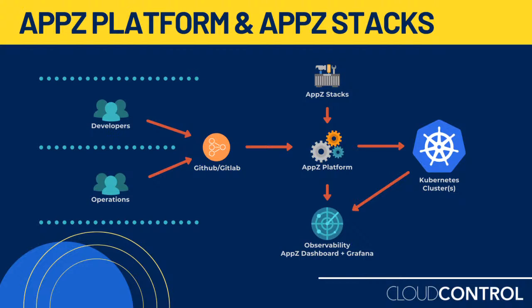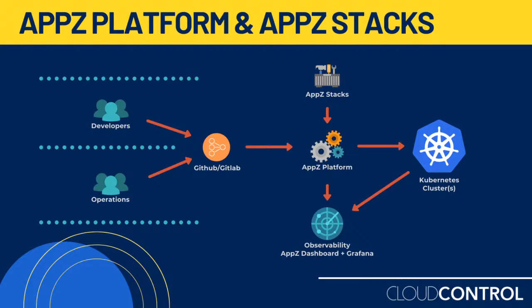And the AppZ platform, along with AppZ stacks, which are the templates for infrastructure deployment, as you can see we are deploying a Postgres HA database using the template, and the platform is brokering the deployment model.